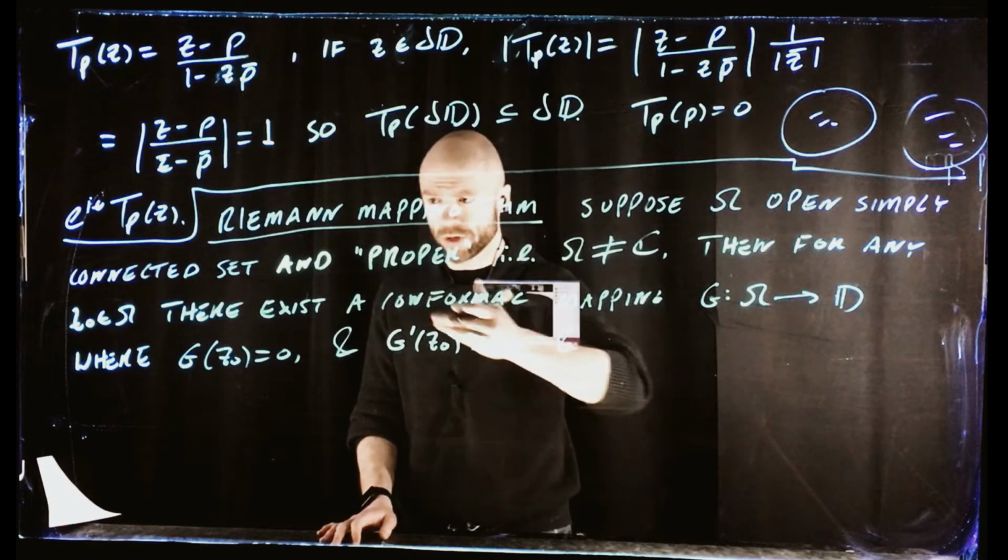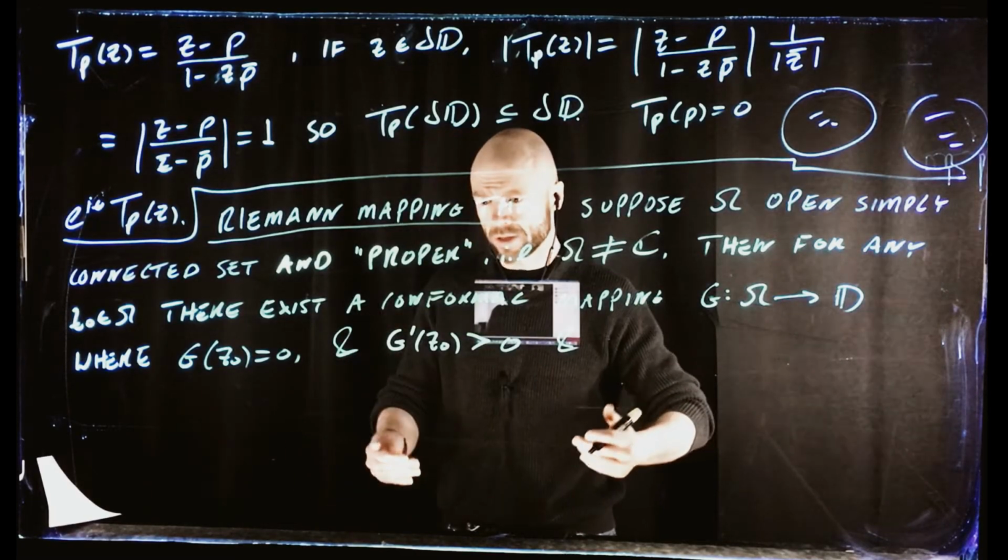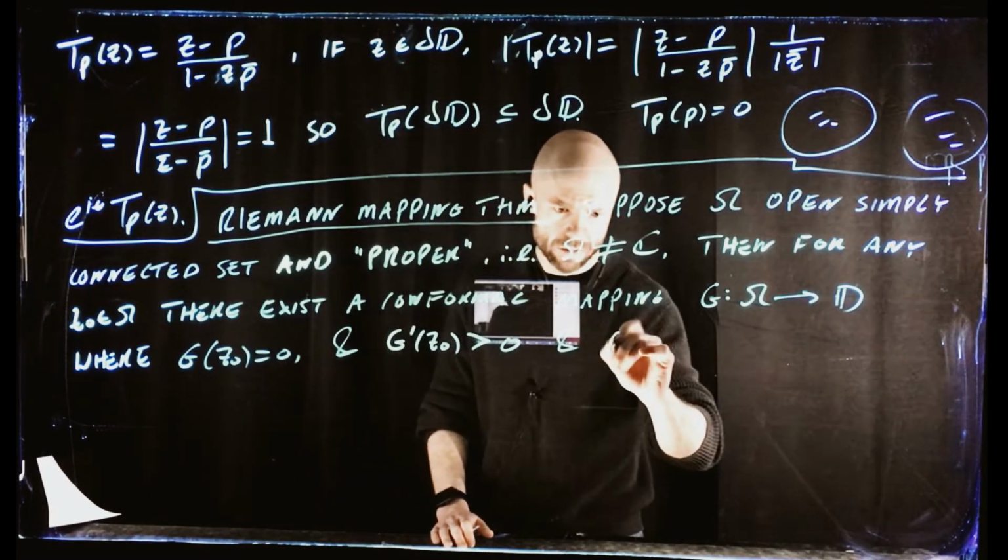So it's based on the choice of Z0, obviously, but having chosen your Z0 with these conditions, G is unique.